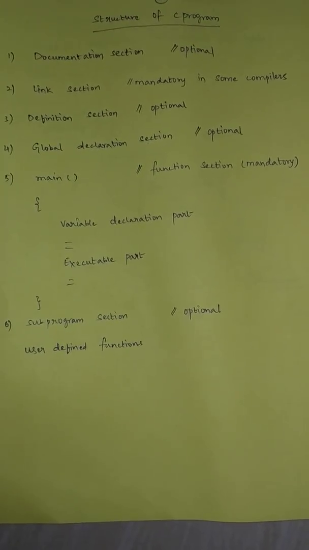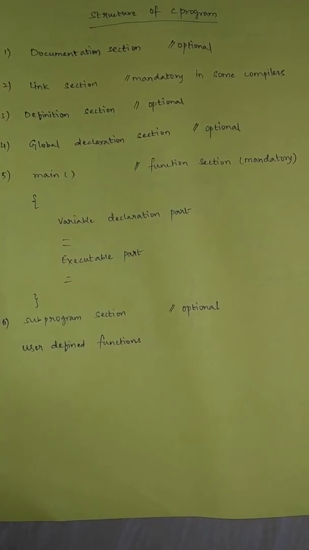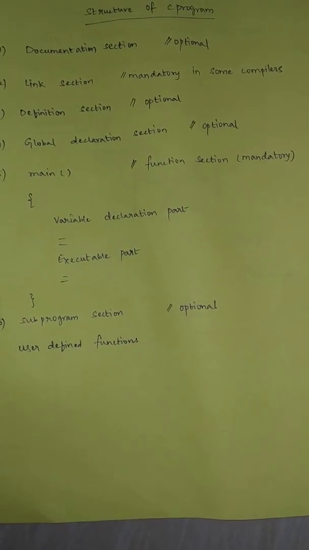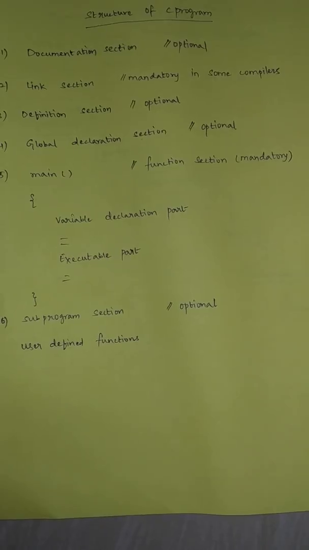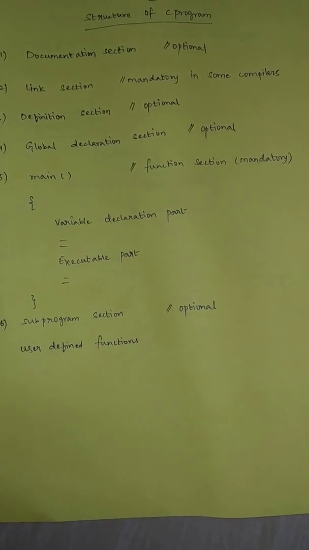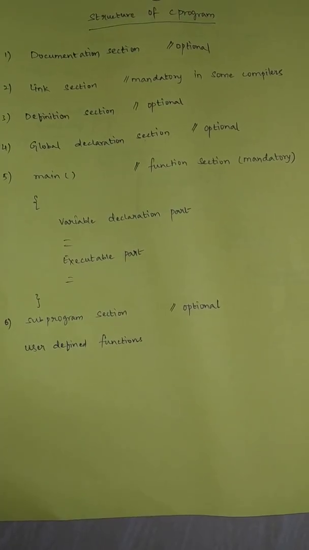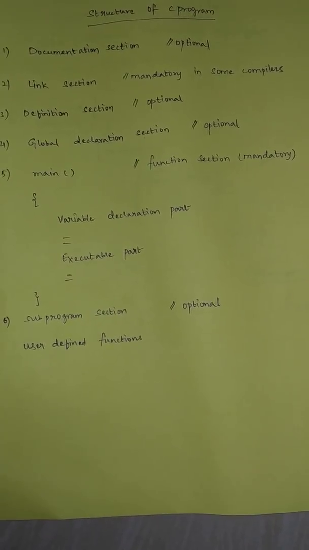Now, the second part is the link section. It is nothing but the header files that we write before starting a particular program, and these header files are mandatory, that is, they are compulsory for some particular compilers, and some compilers don't ask for header files. They don't show an error even if you don't mention the header files.